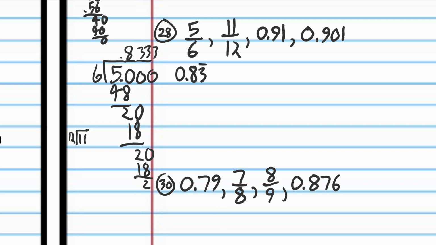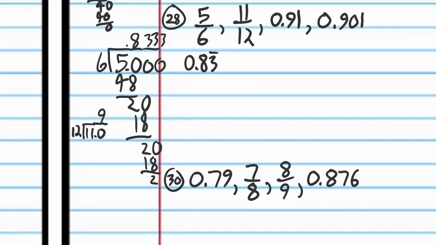12 goes into 11, doesn't go in at all, so we have to add a decimal and a 0. 12 goes into 110 9 times, I believe, and notice I put the 9 above the 0. It has to be above the 0. 9 times 2 is 18, carry the 1. 9 times 1 is 9, plus 1 is 10.